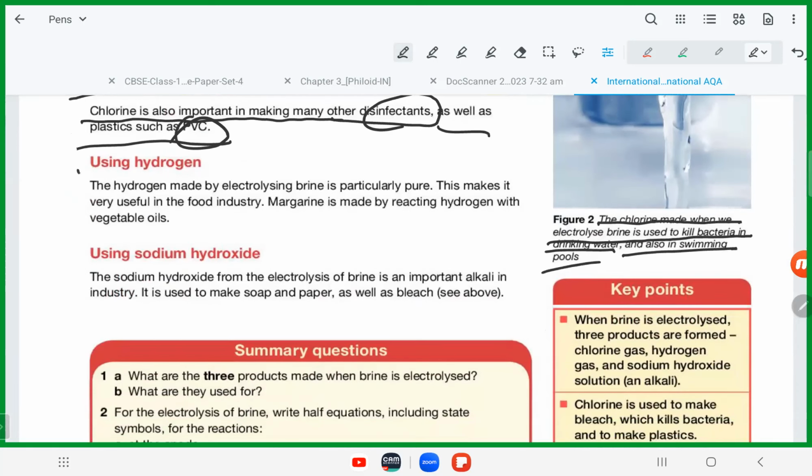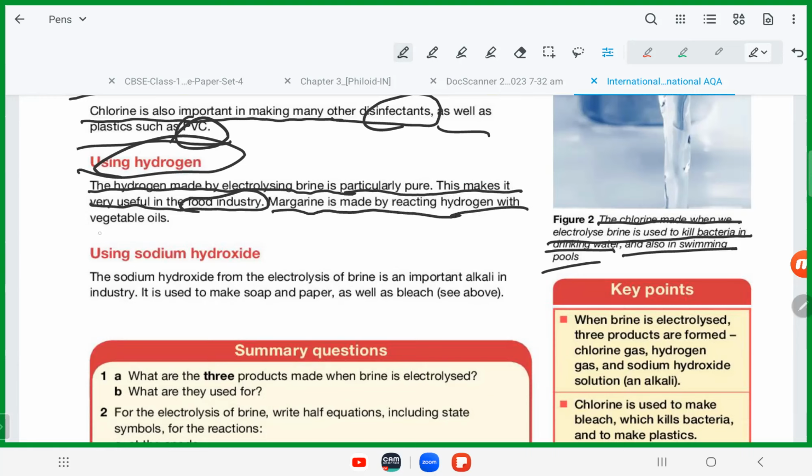Now the use of hydrogen. Where are you using hydrogen? The hydrogen made by electrolyzing brine is particularly pure. This makes it very useful in the food industry. Margarine is made by reacting hydrogen with vegetable oil.